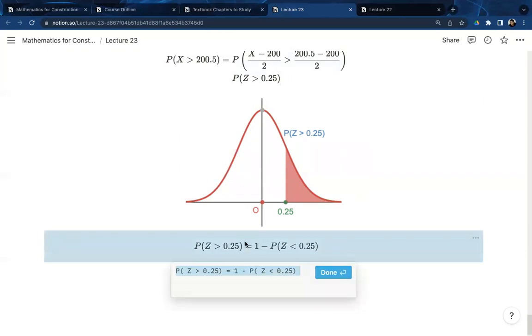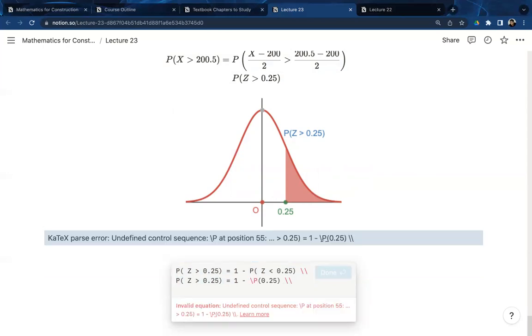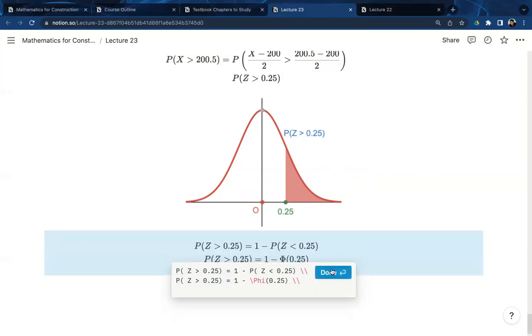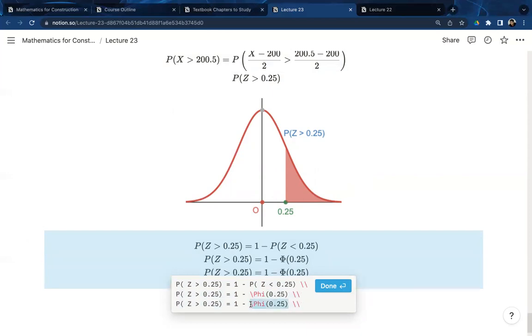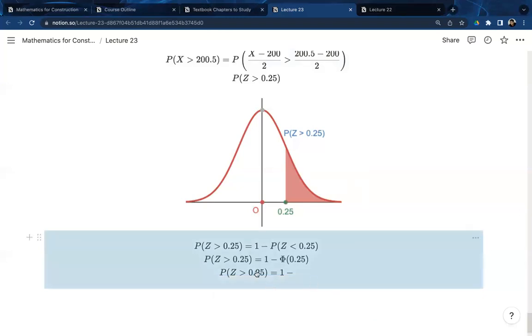So this is 1 minus the probability for 0.25.